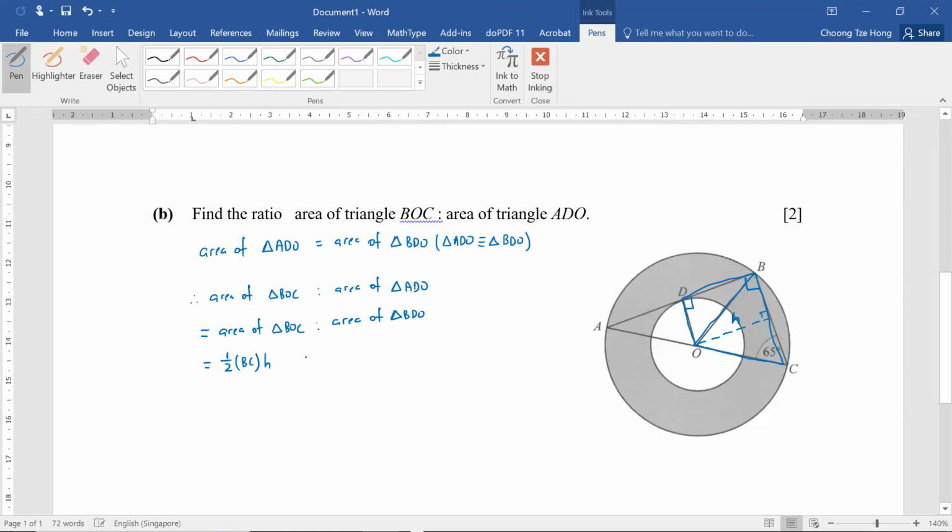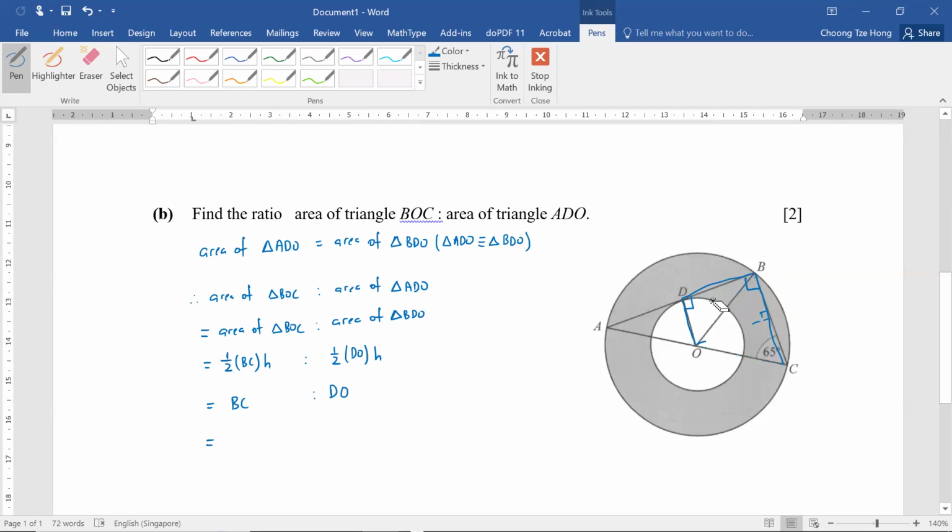And area of triangle BDO will be half times the base, which is DO, times the same height. So we can cancel away the half and the h, and then we just get BC is to DO. But what is the ratio of the length of BC to DO? If we know this ratio, then we get the answer already.